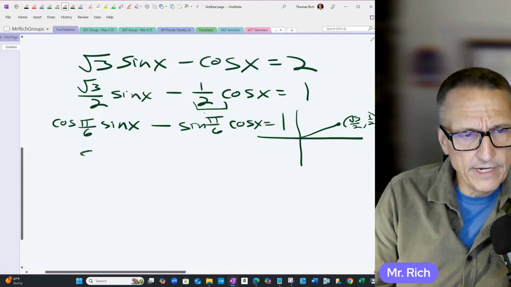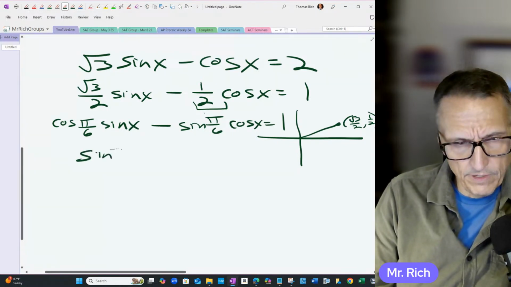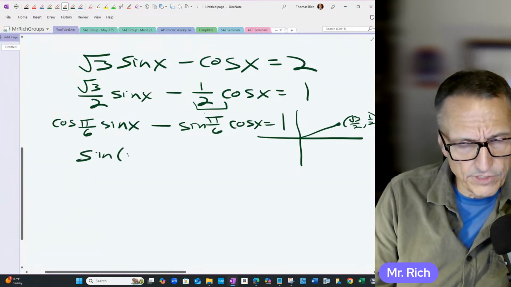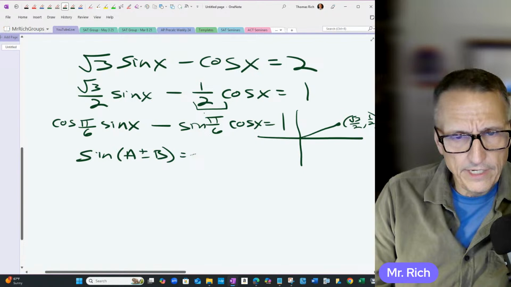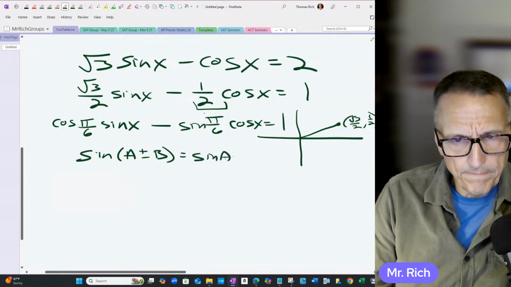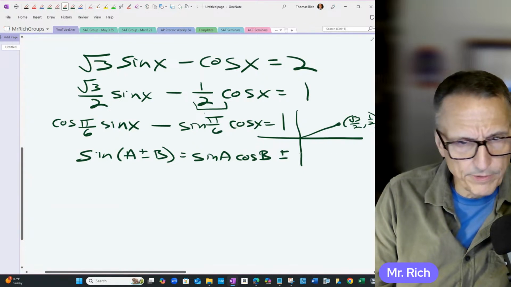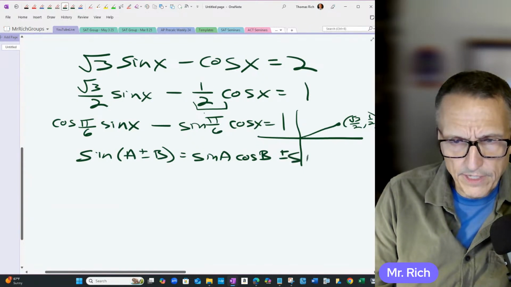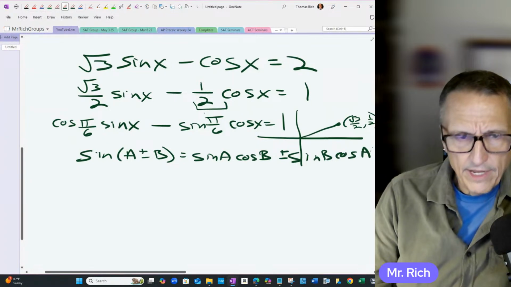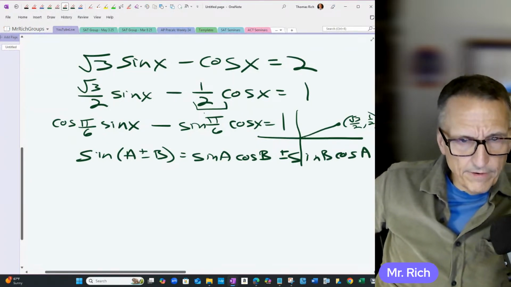So remember the identity that you need for the sum and difference for sine. We said sine of angle A plus or minus angle B would be equal to sine of A cosine of B plus or minus, we keep the same sign in between these two terms, and then sine of B cosine of A. And that is the situation that we have here.